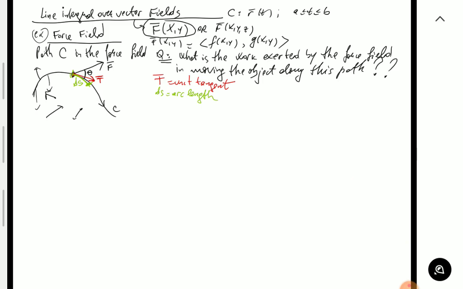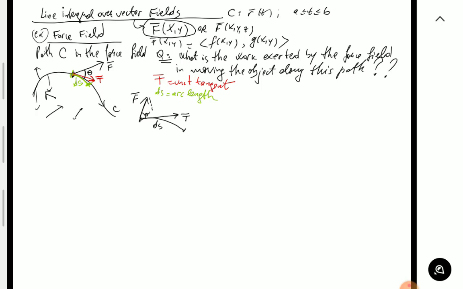If we project F, let's do this picture over here one more time. You have the arc length, I'm going to exaggerate the distances a little bit. You have the unit tangent, you have the force field here, and the angle theta.